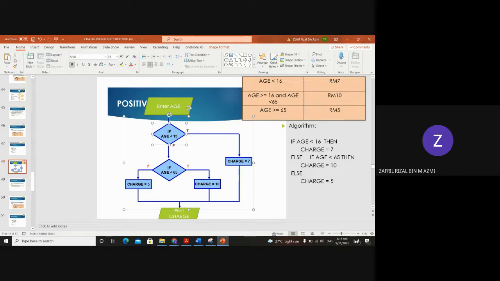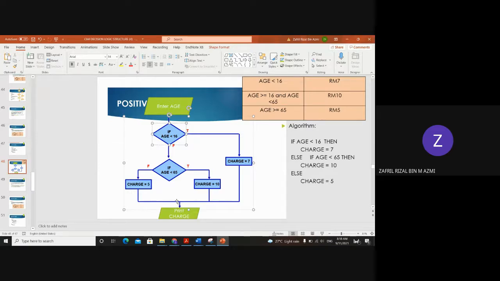True, right? It will exit the condition set and not check the next condition. Do charge equal to 7 and print charge. That's it. That is the positive logic structure.